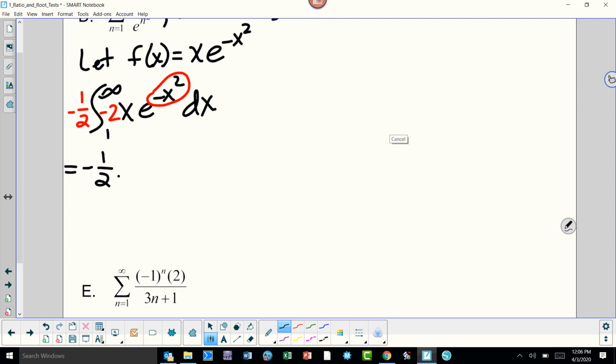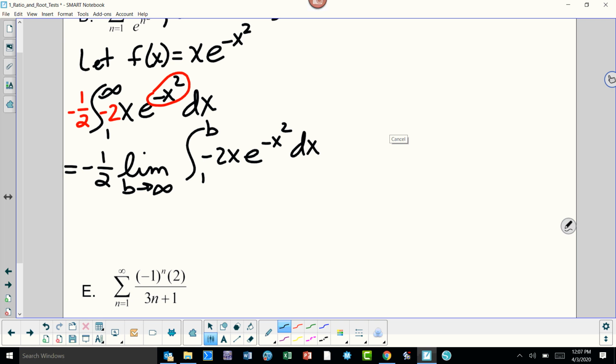So I'm going to go ahead and change the things that I need to in order to do this limit. Okay, so remember we let b go to infinity, 1 to b, and then I'm going to leave it negative 2x e to the minus x squared dx. I don't want to put the u in there because the limits of integration are for x, and I don't want to change that when I have an infinite limit like that. So this is simply going to be negative 1/2 times the limit as b goes to infinity.